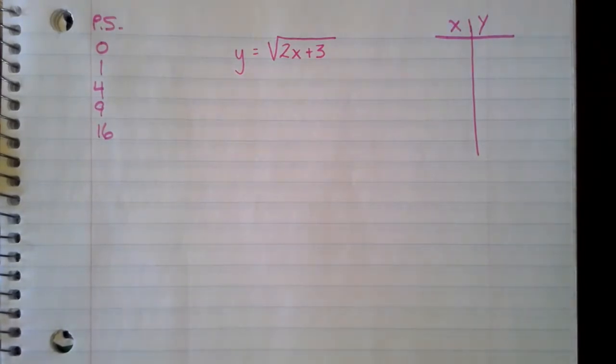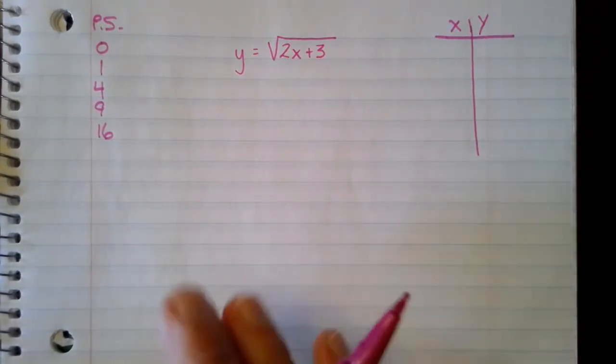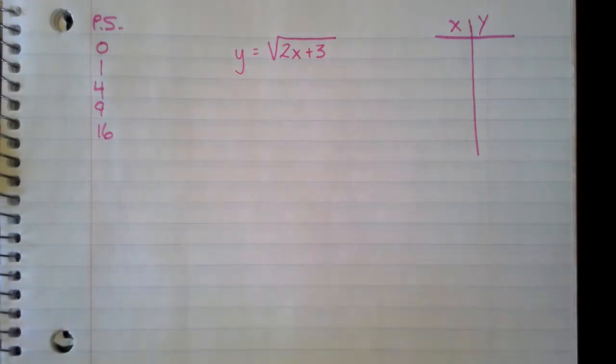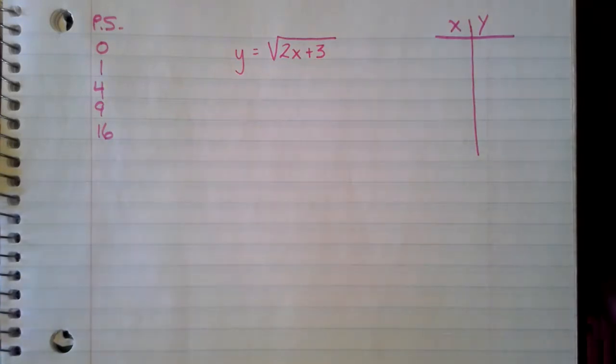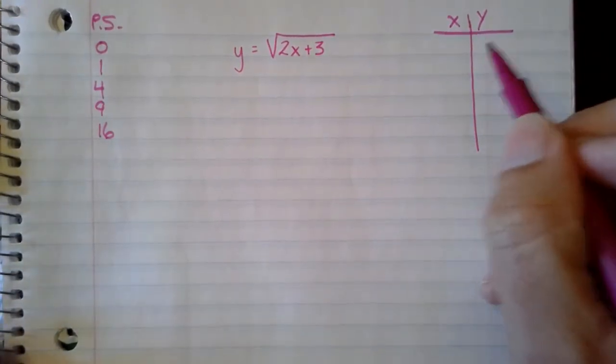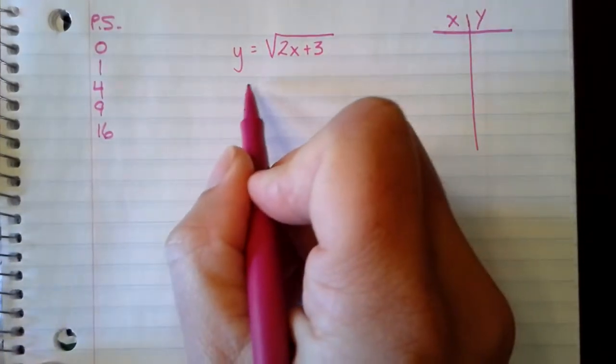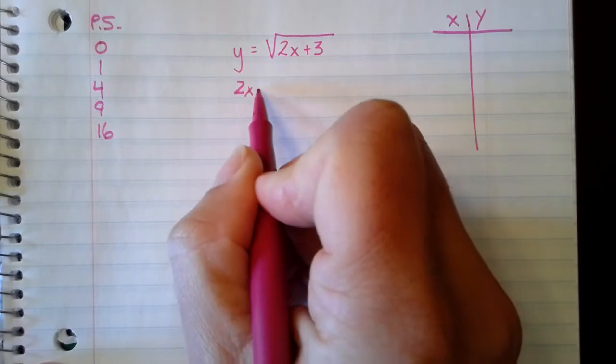That kind of happens with this graph; you'll learn this later in future math courses. It's almost as if the x and the y have switched places in a way.